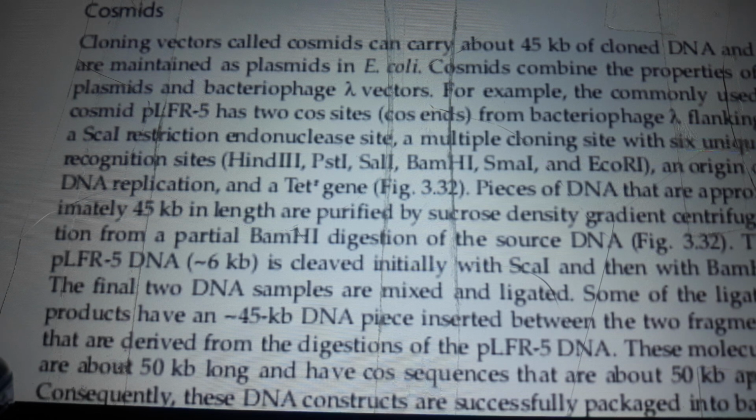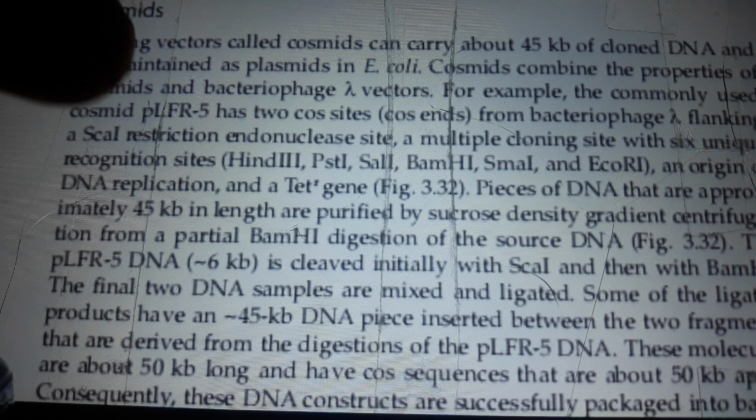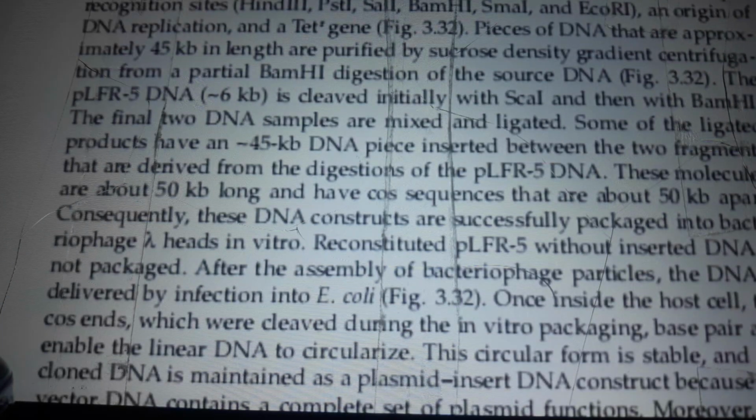Pieces of DNA that are approximately 45 kb in length are purified by sucrose density gradient centrifugation from a partial BamHI digestion of the source DNA. The pLFR5 DNA, which is 6 kilobase pairs, is cleaved initially with ScaI and then BamHI. The two DNA samples are mixed and ligated.